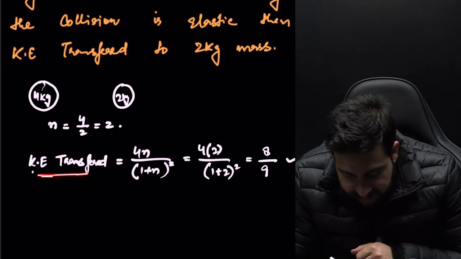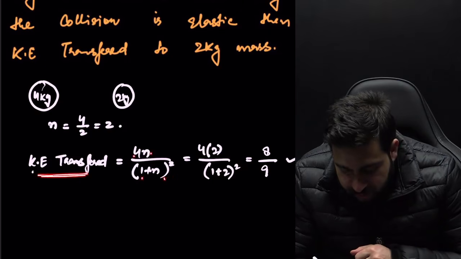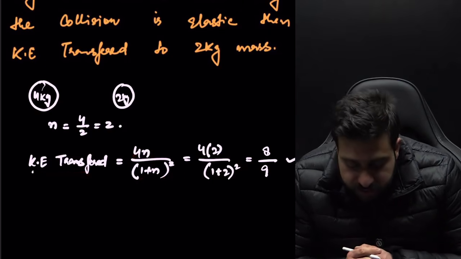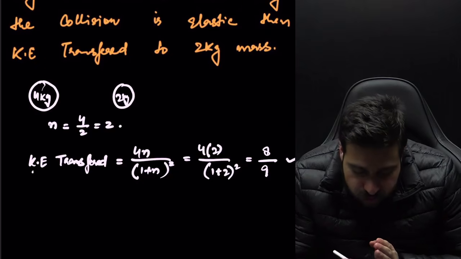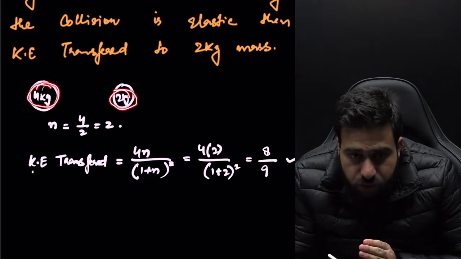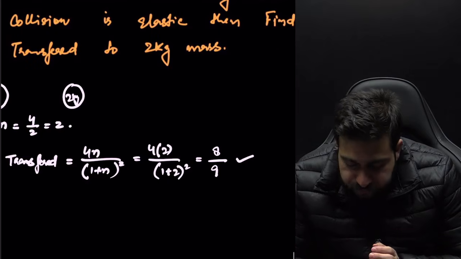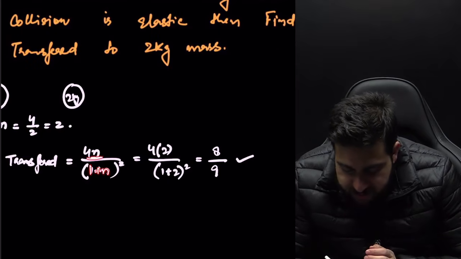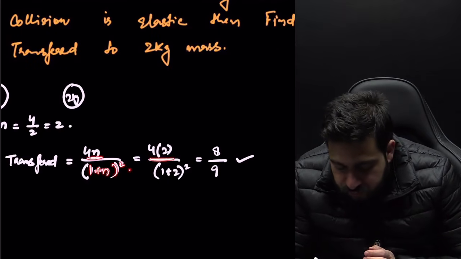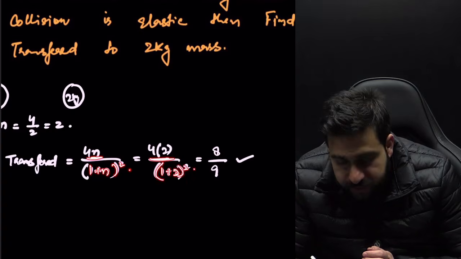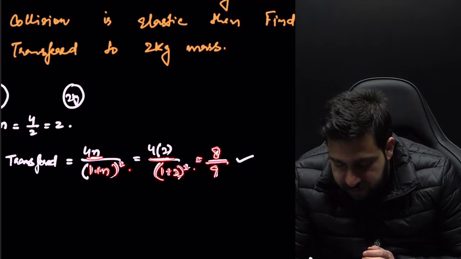So kinetic energy transferred will be 4n upon 1 plus n whole square. Now n will be how much? Guys, n is always bigger mass divided by smaller mass. 4 divided by 2, that is 2. So 4 into n upon 1 plus n whole square. So 4 into 2 upon 1 plus 2 whole square. So this will be 8 divided by 9.